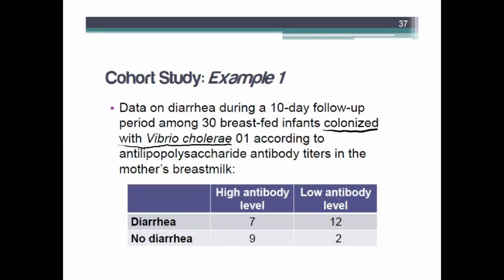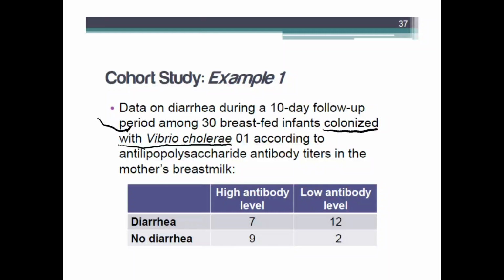This is an attenuated version na ng bacteria na Vibrio, no? Attenuated means pinahina na yung bacteria na yan, so pwede na siyang gamitin as a vaccine. Okay? So, that means yung ating exposure is kung ano yung result ng vaccine na yon.